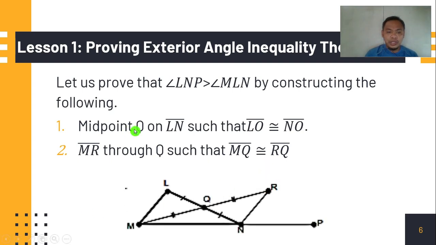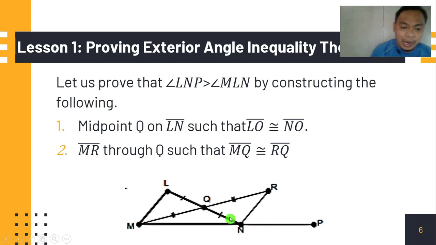Midpoint Q on LN. This is our side LN. Let's construct point Q, which is our midpoint, such that LQ is congruent to NQ. Since Q is our midpoint, LQ is congruent to NQ.